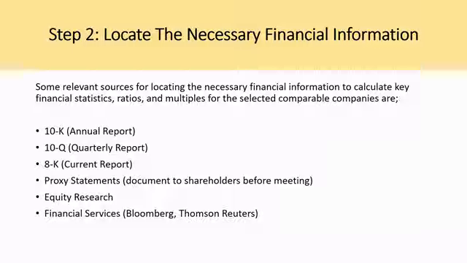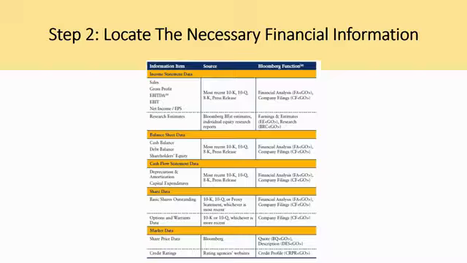There's equity research provided by investment banks, and there are financial services like Bloomberg and Thomson Reuters, which provide a lot of information. You'll probably be using a lot of Bloomberg, but also you'll be looking into the 10K, the 10Q, and the 8K to understand the current financial position of the company you're researching, and at the same time the comparables.